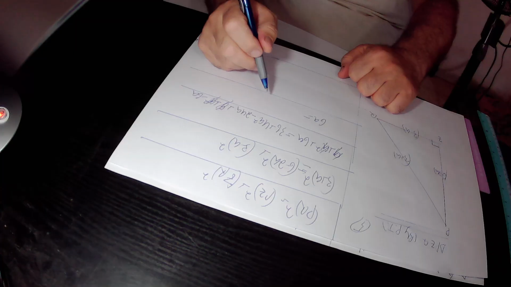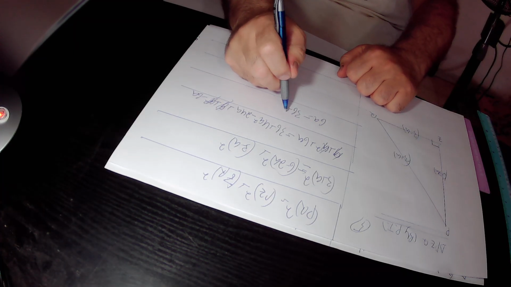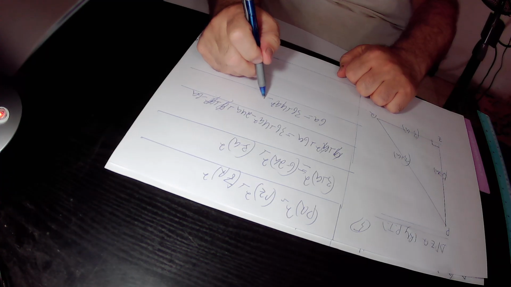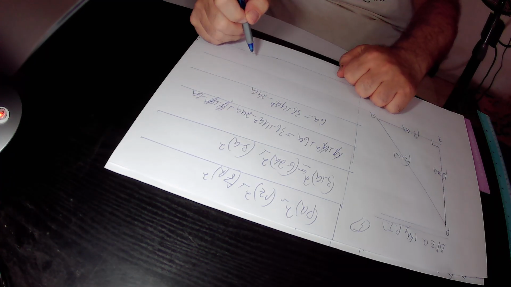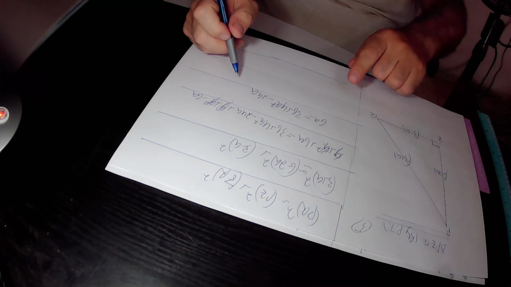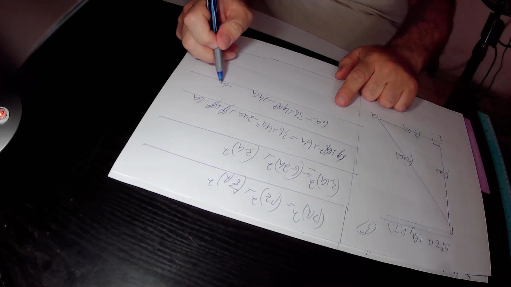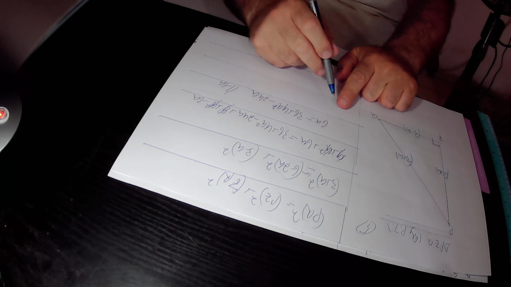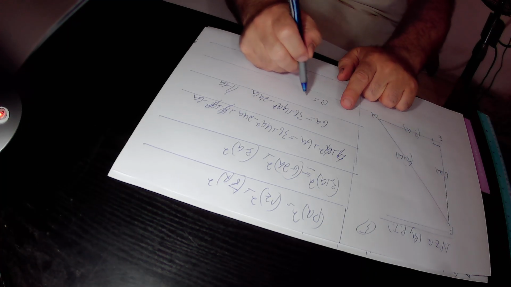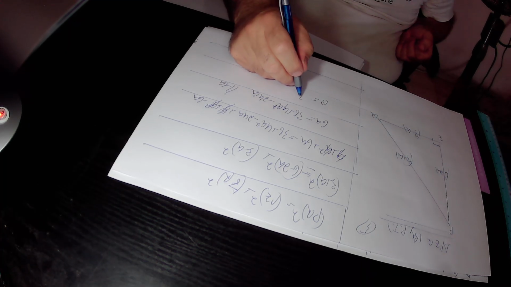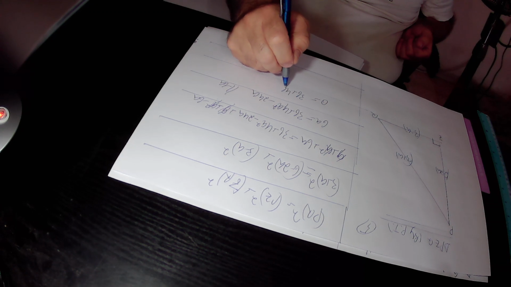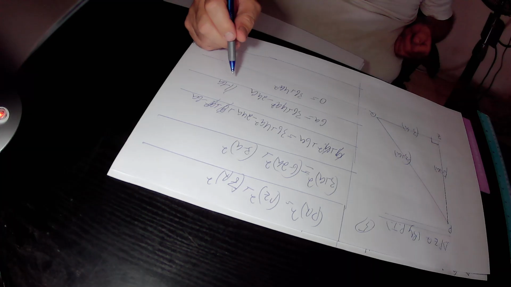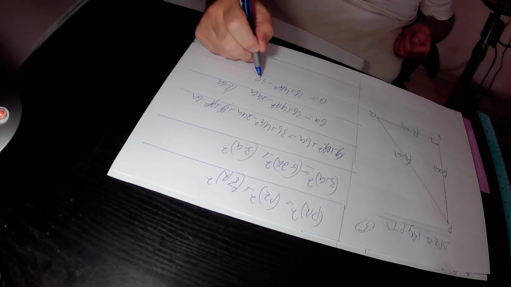On the other side we have 36 plus 4A squared minus 24A. Here we subtract 6A from the equation. After we subtract the 6A, on this side we are left with 0. On the other side we have 36 plus 4A squared, and minus 24A minus 6A is minus 30A.